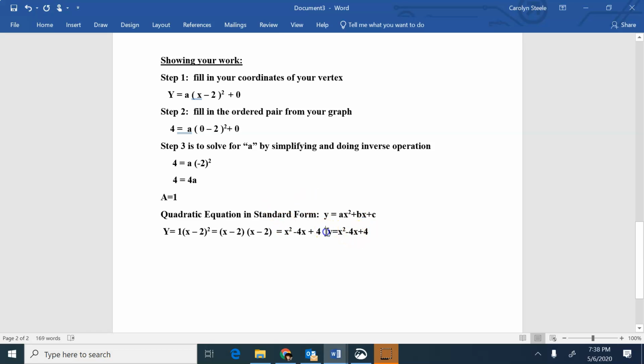And that is my answer. This right here is the answer to my problem. That is my quadratic equation in standard form. That's what they wanted me to do.